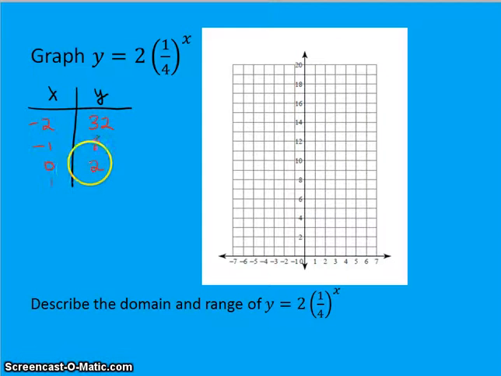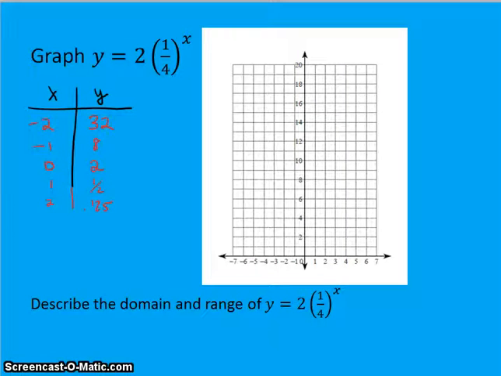If I plug in 1, 1/4 to the first power is 1/4, times 2 is 1/2. If we plug in 2, 1/4 squared, or 0.25 squared, times 2 is 0.125, which is 1/8.